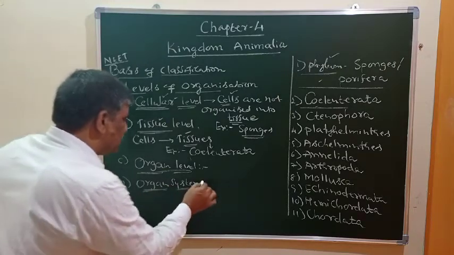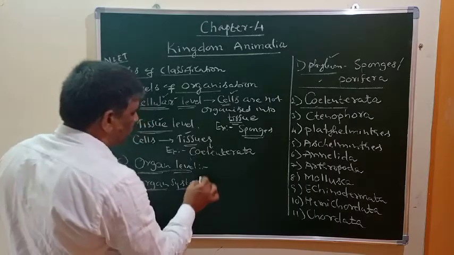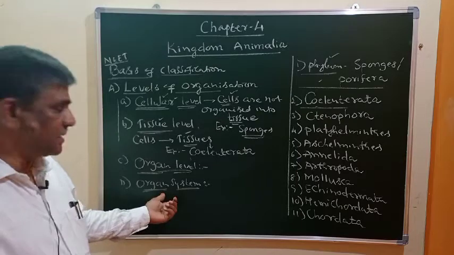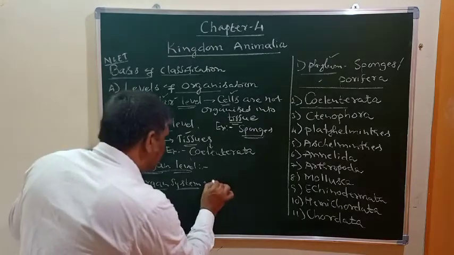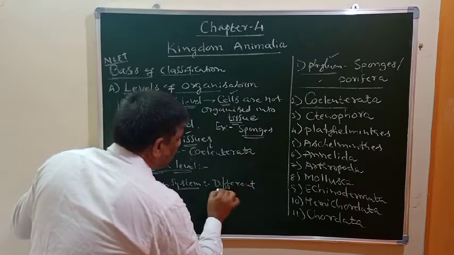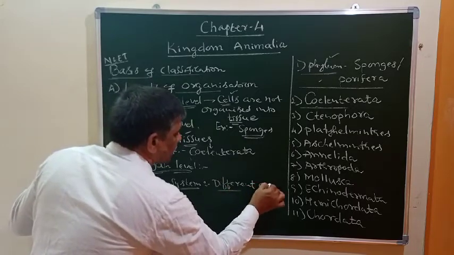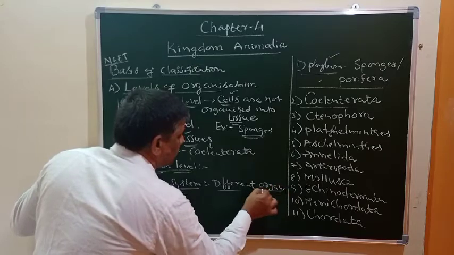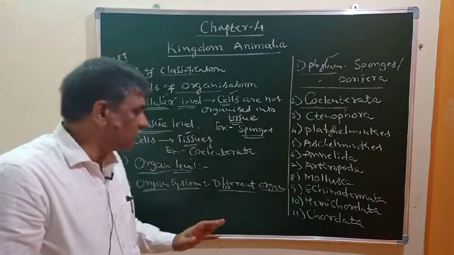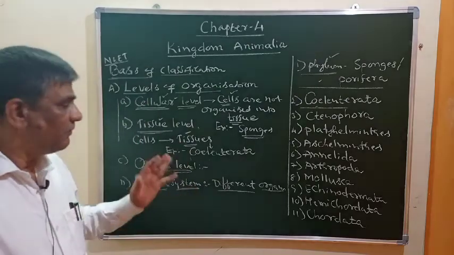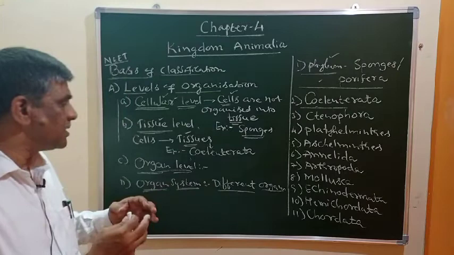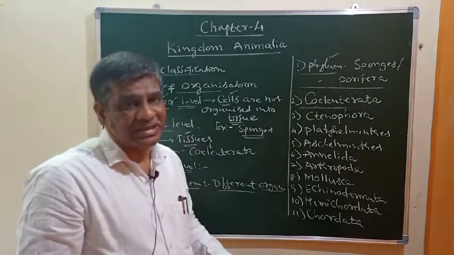Organ system means different organs together perform one common function. For example, mouth, esophagus, pharynx, stomach, intestine, all these organs together complete one function, that is digestion.